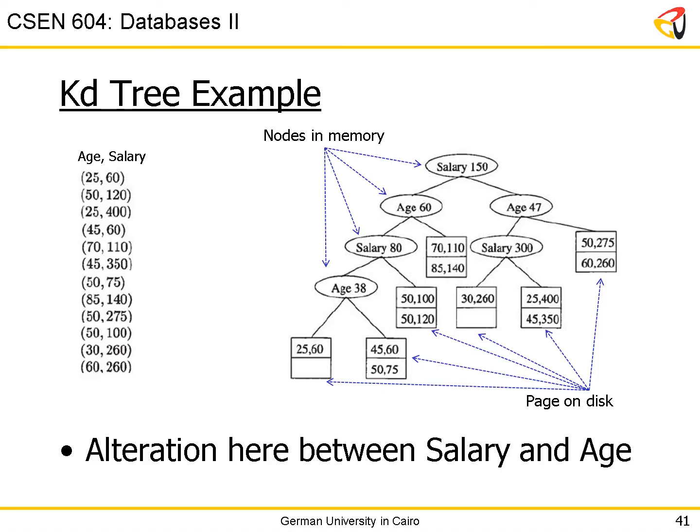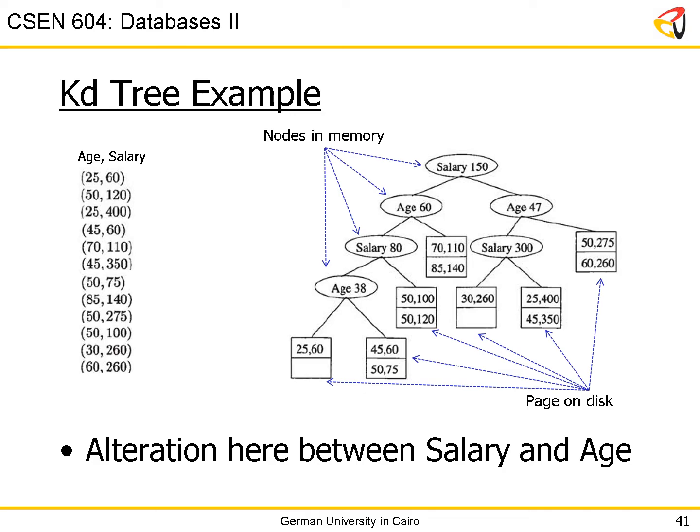At the root level, I decided to start with salary, and I have salary 150. Applying the binary search tree invariant, all salaries to the left of this node, anywhere in the tree later on, will be less than 150. All salaries that are greater than or equal to 150 will go to the right.